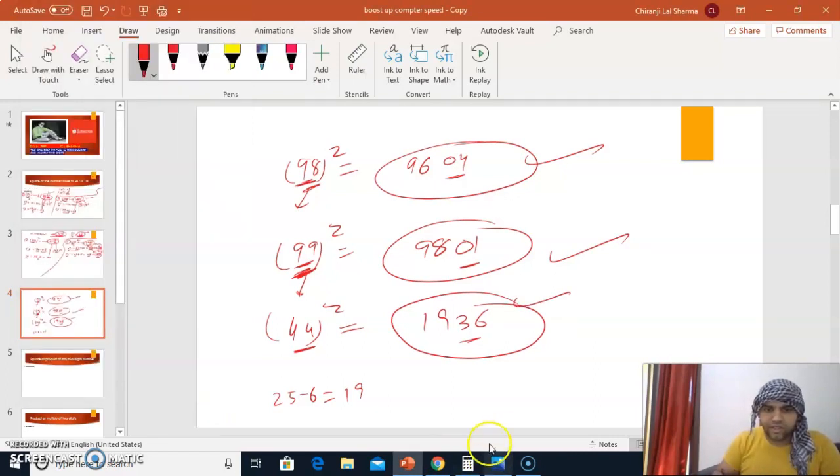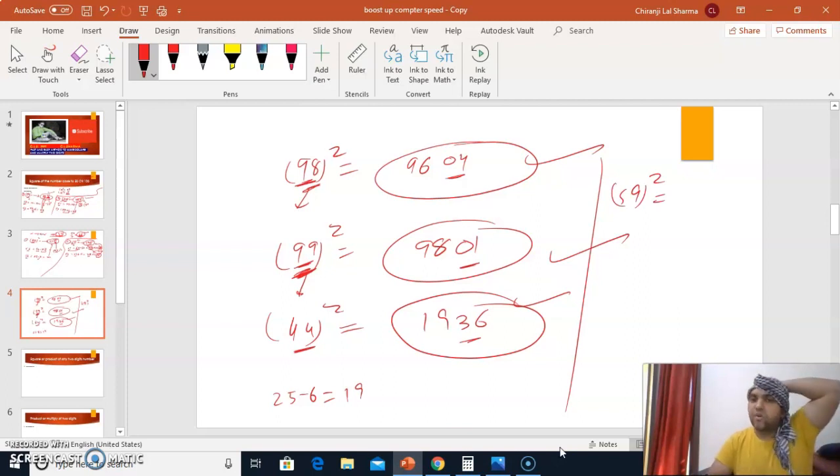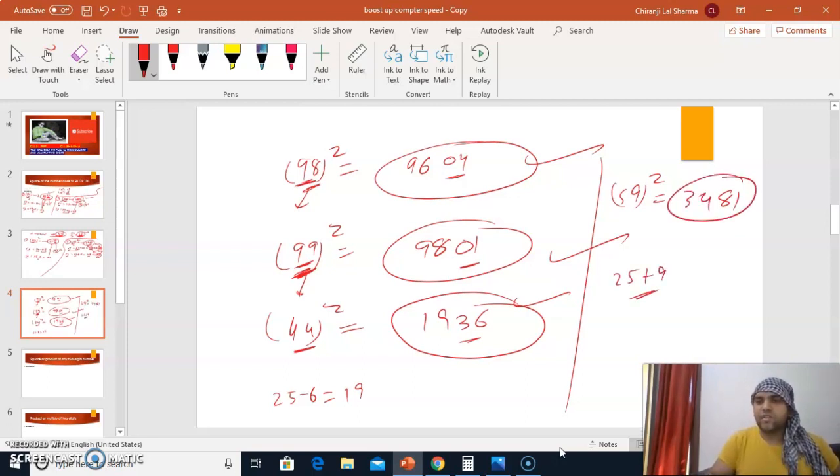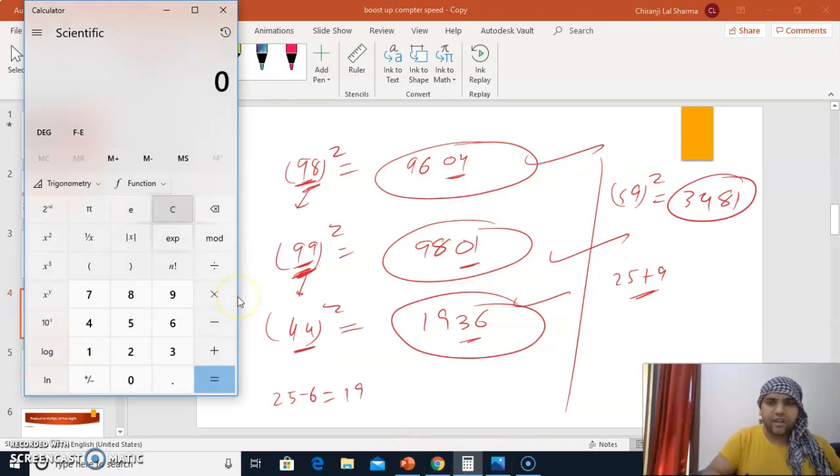It's easy. So let's take another example which will be more than 50. Suppose we are taking 59. It is 9 more than 50, so the square of 9 you have to write, that is 81, and add 9 to 25, so you will get 34. This is the answer. Let's check it quickly. 59 times 59. See, the answer is the same.